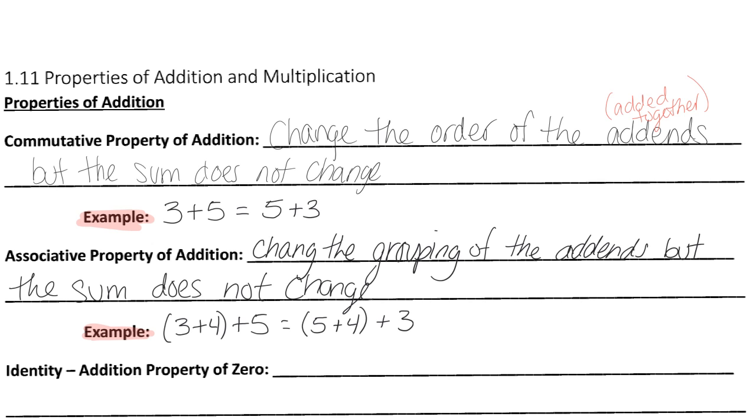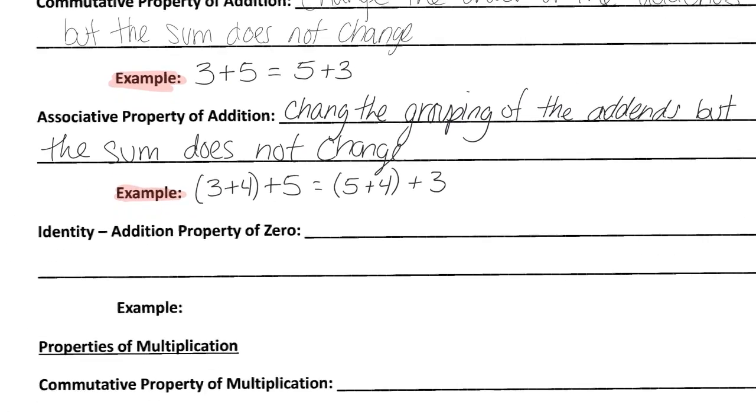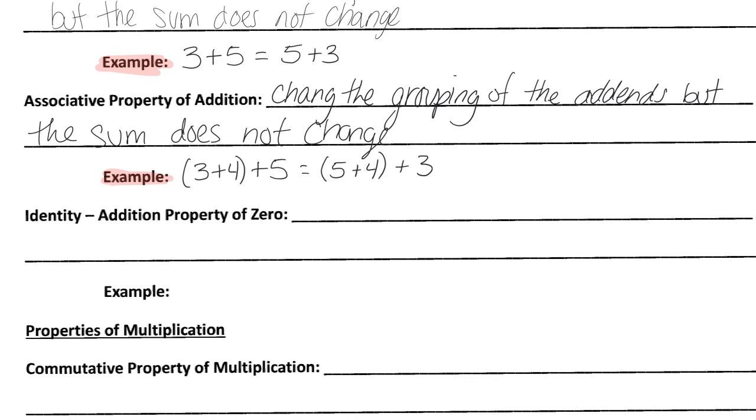So now the identity property, or the identity property of 0. Okay. So the identity property or the addition property of 0 is simply when we add any number and 0 together. So it's saying the sum of any number and 0 is that number.